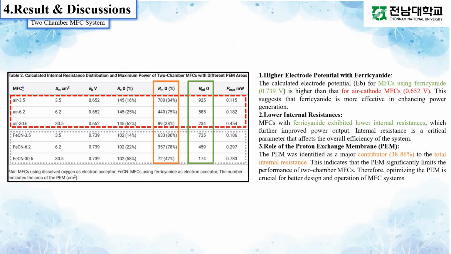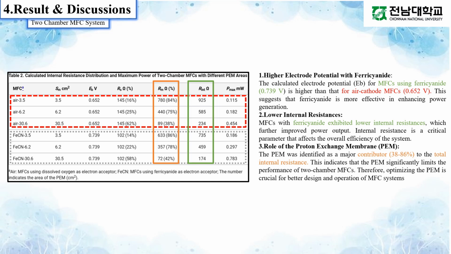Table 2 shows the calculated internal resistance distribution and maximum power of two-chamber microbial fuel cells with different PEM areas. The calculated EB, 0.739 volt, of microbial fuel cells using ferrocyanide was higher than the 0.652 volt of air cathode microbial fuel cells. The relatively lower internal resistances of microbial fuel cells using ferrocyanide also contributed to improved power generation.